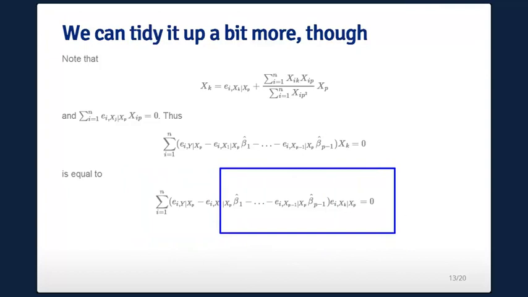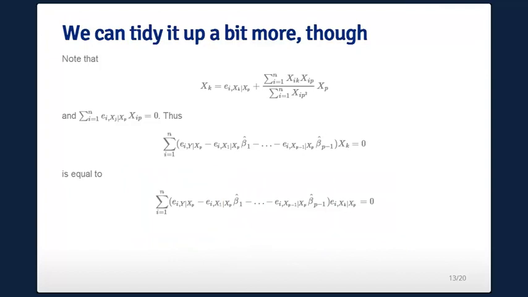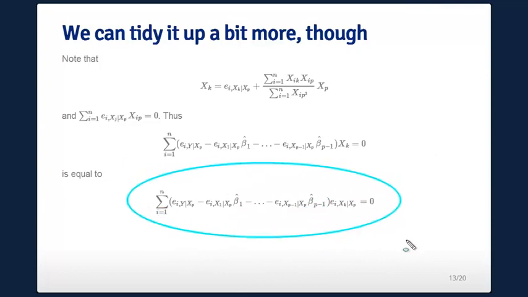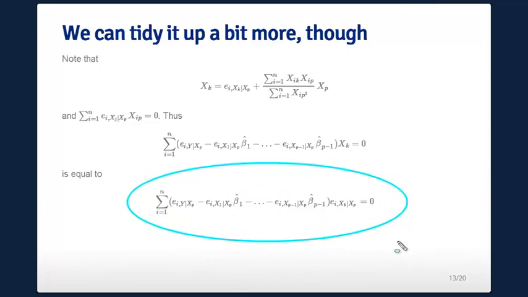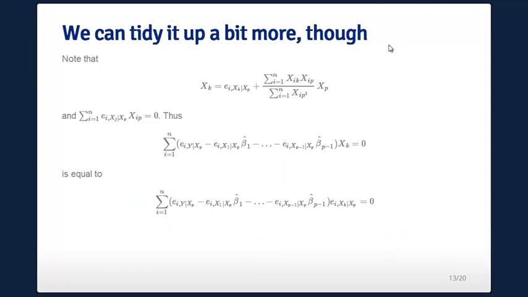If you look at this set of equations right there, it's exactly the least squares equations again, but only p minus 1 of them instead of p of them. And instead of y and a bunch of x's, it's the residuals of y having x sub p removed, and all the x's having the linear relationship with x sub p removed.